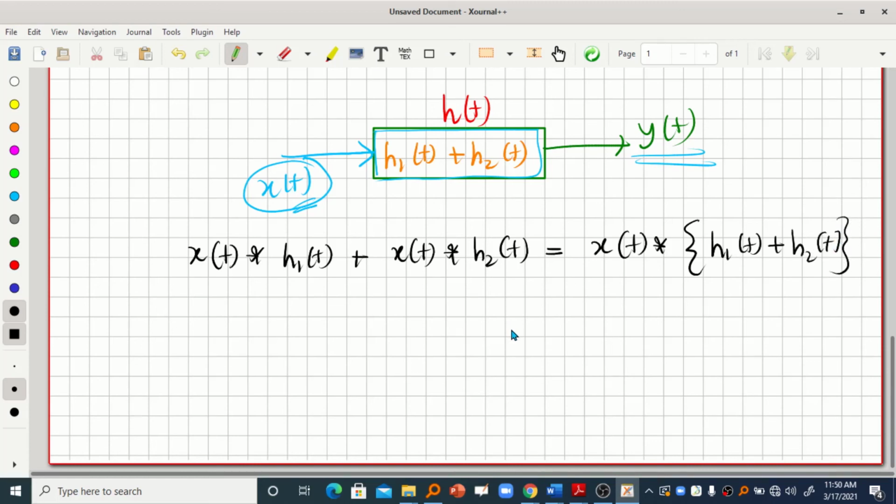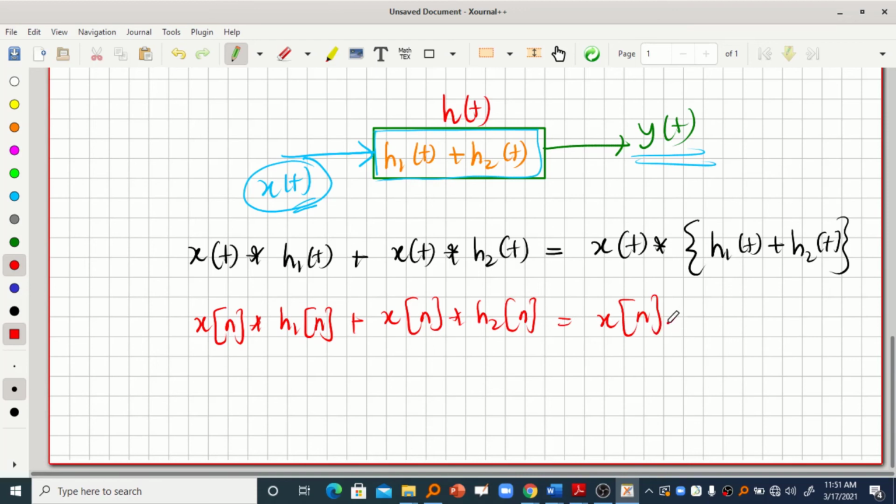This is the basic result we derive from this idea. And if you consider the discrete time case, how can we write? If the signal and system are discrete time, then we can write x of n convolution h1 of n plus x of n convolution h2 of n is equal to convolving x of n with the sum of h1 of n and h2 of n.